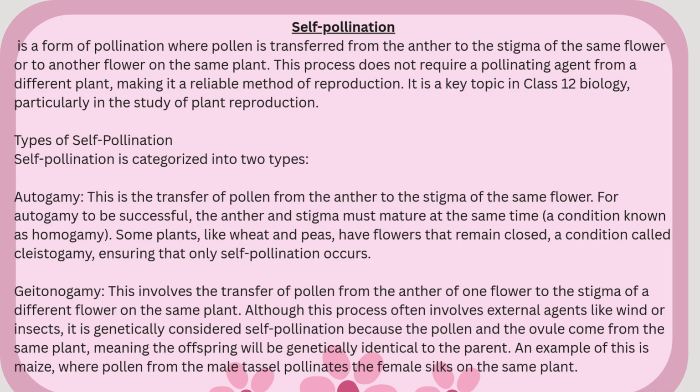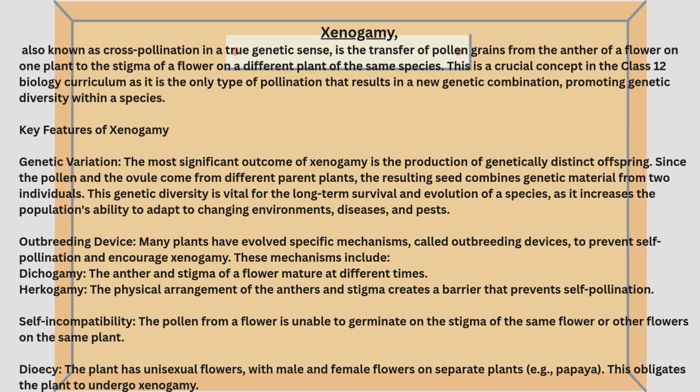Although this process often involves external agents like wind or insects, it is genetically considered self-pollination because the pollen and the ovule come from the same plant, meaning the offspring will be genetically identical to the parent. An example of this is maize, where pollen from the male tassel pollinates the female silks on the same plant.